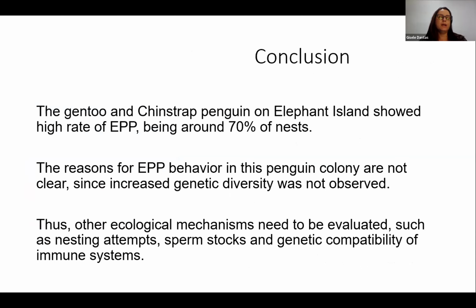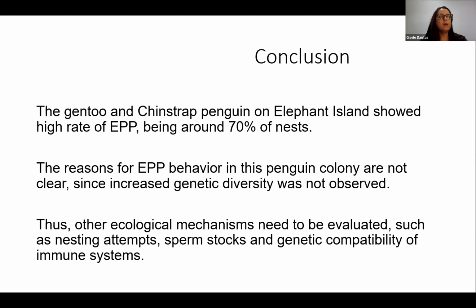So the gentoo and the chinstrap penguin on Elephant Island show high extra-pair paternity, around 70% of the nests. It's important to conduct this kind of study in other locations and other breeding colonies, to investigate the relation to the climate of their specific site.